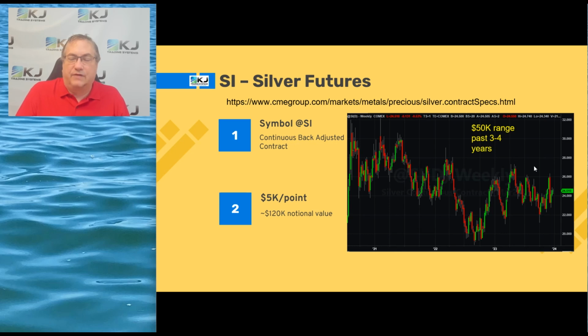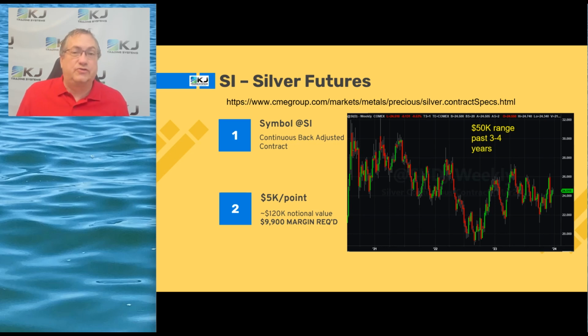So if you look at the chart on the right, as it goes from 25 to 26, that would be a $5,000 equity swing. And overall, the contract has a notional value of about $120,000. But you don't need $120,000 to actually trade this. You can trade it with $9,900 in initial margin, at least as of this date.